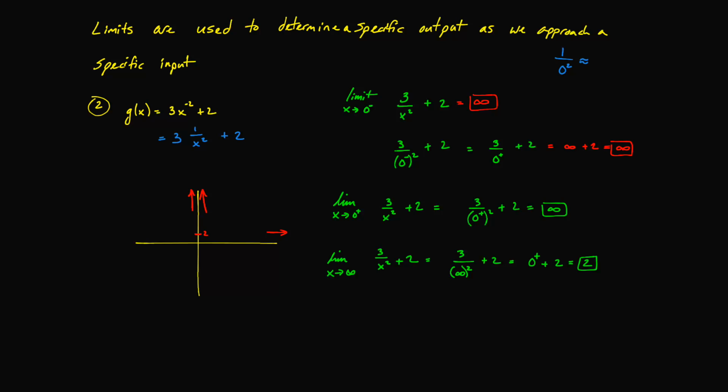So the limit is really here to find your asymptotes, as you're approaching these great values, and to have an understanding for it. All right, we'll do one more. The last bit is x approaching negative infinity. So 3 over negative infinity squared plus 2. Well, what happens? The negatives cancel out, and you're still left with 3 over infinity squared plus 2. We're still going to get 0 positive plus 2, and that's going to be 2 again.